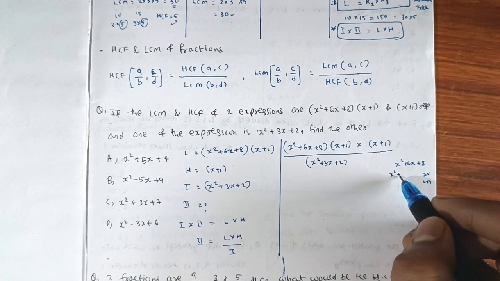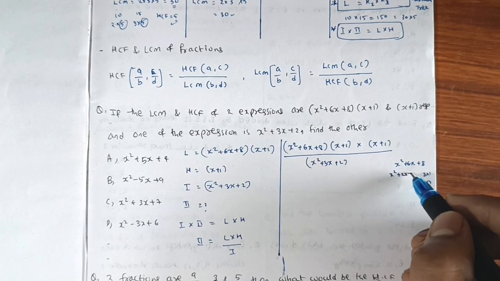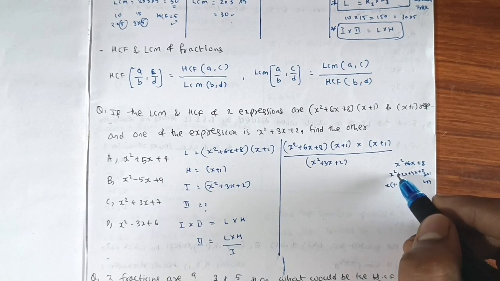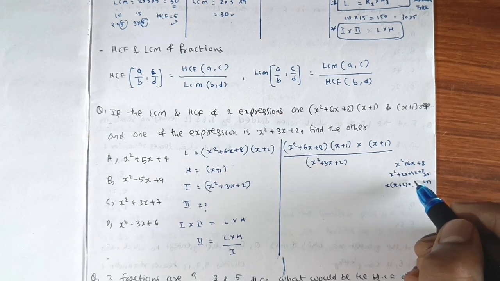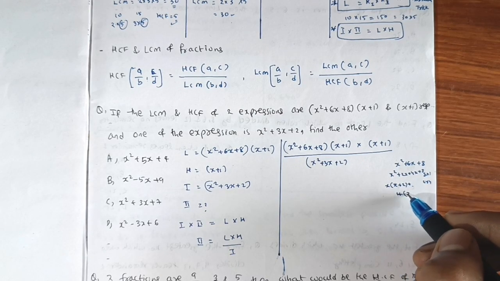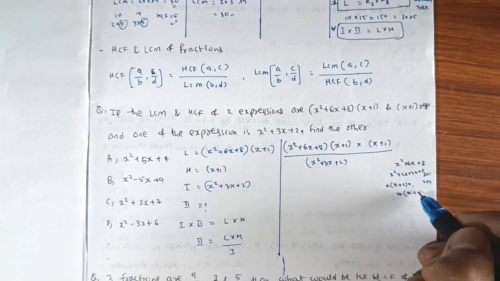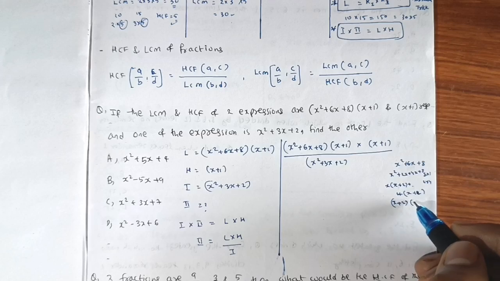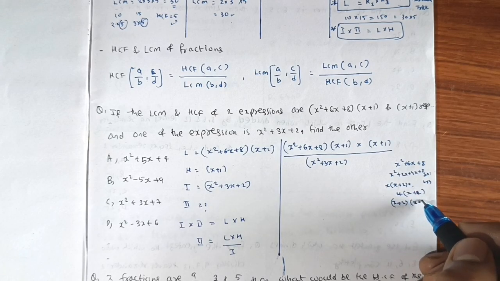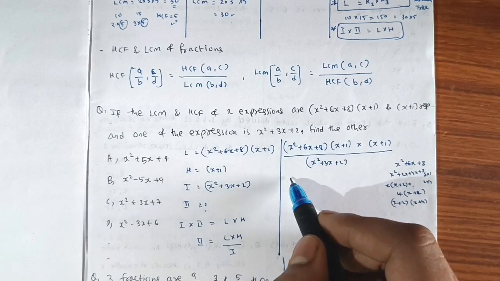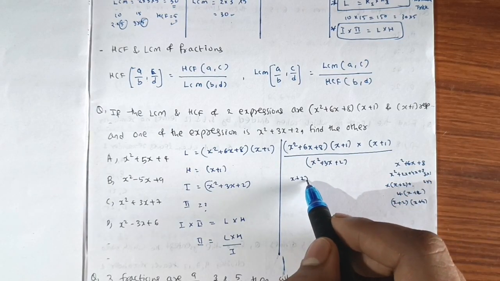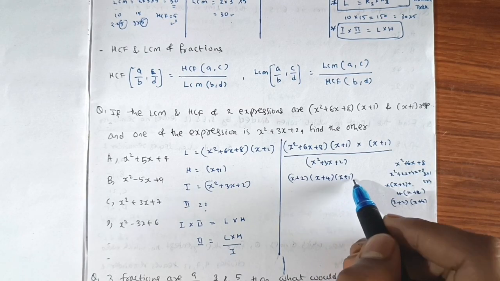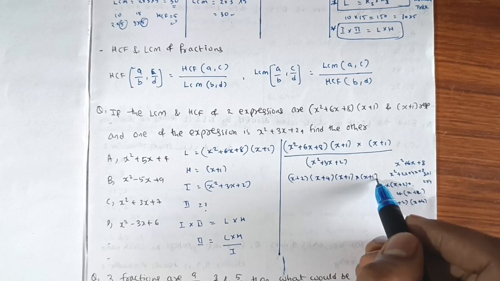You can write this as x square plus 2x plus 4x plus 8. When we take x as common, we are left with x plus 2, and taking 4 as common, 4 into x plus 2. Taking x plus 2 as common, we are left with x plus 2 into x plus 4.